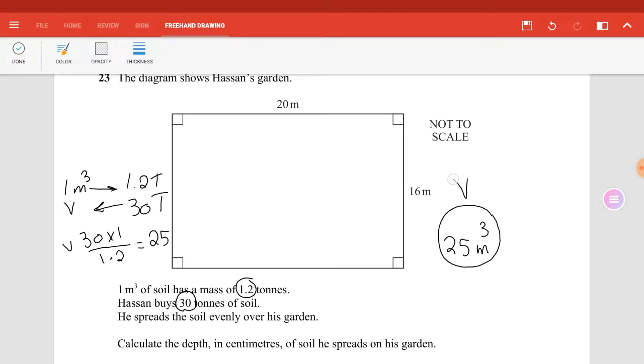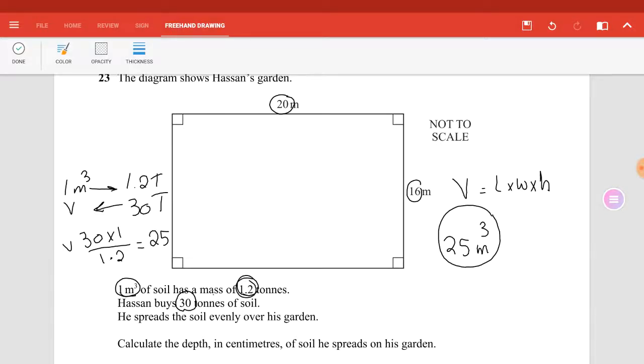How do you calculate the volume of a cuboid? You need to multiply length by width by height. Okay, again from the beginning, if you have a garden with length 20, width 16, and you need to spread soil, 1 meter cube has a mass of 1.2 tons.